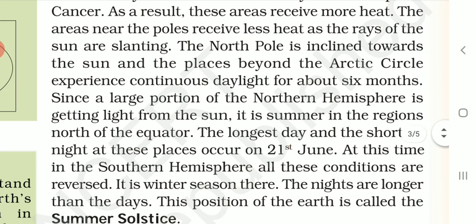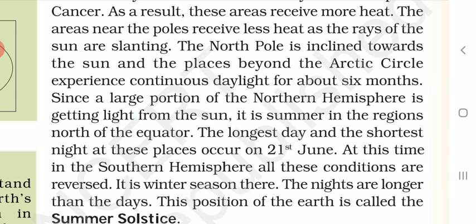Since a large portion of the northern hemisphere is getting light from the sun, it is summer in this region north of the equator, from March, April, May, June, July, as well as August. And then the longest day and the shortest night at these places occur on 21st June.